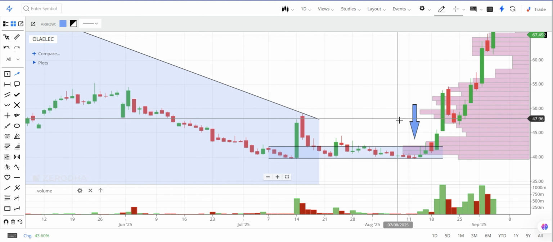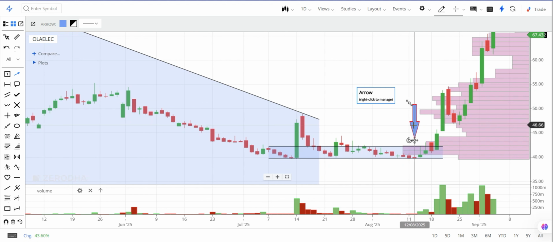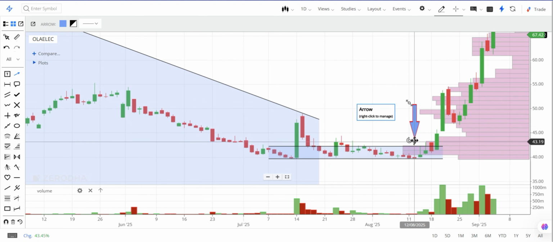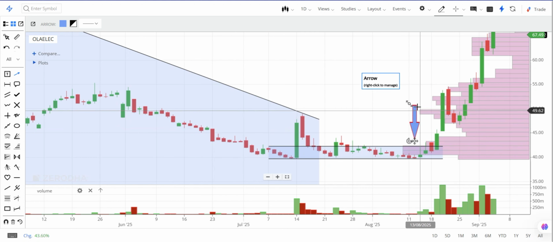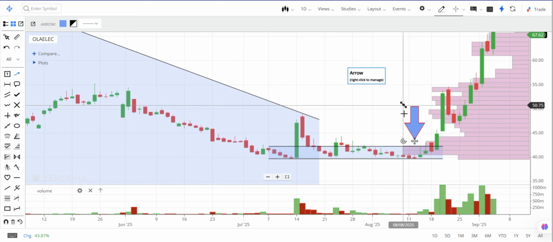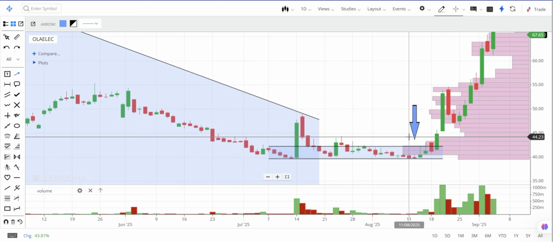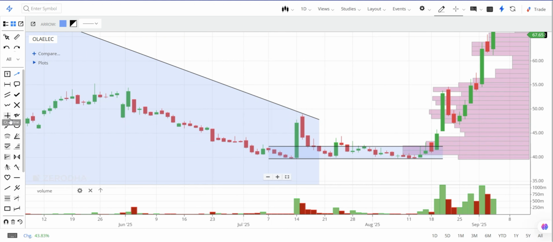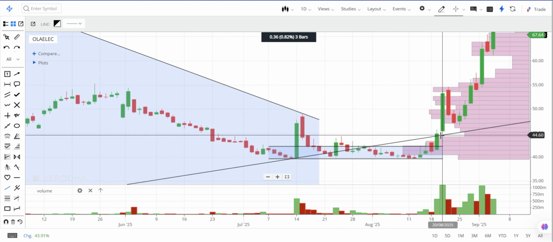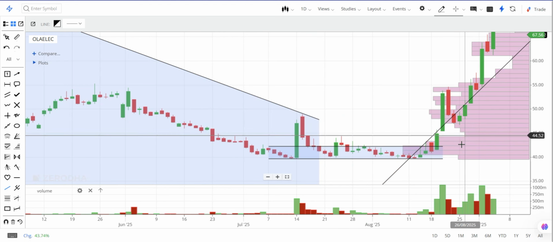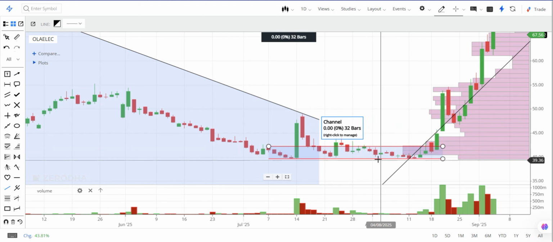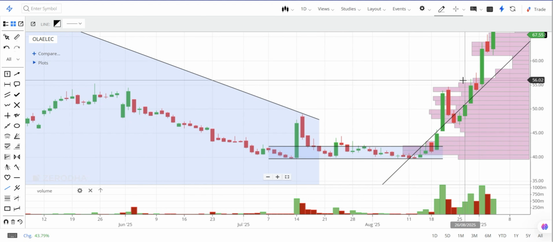When the plane took off from here, just give me a moment. So you see the price climbed up from, let's say, if this was the runway and the plane took off. So when do we have to enter the market?